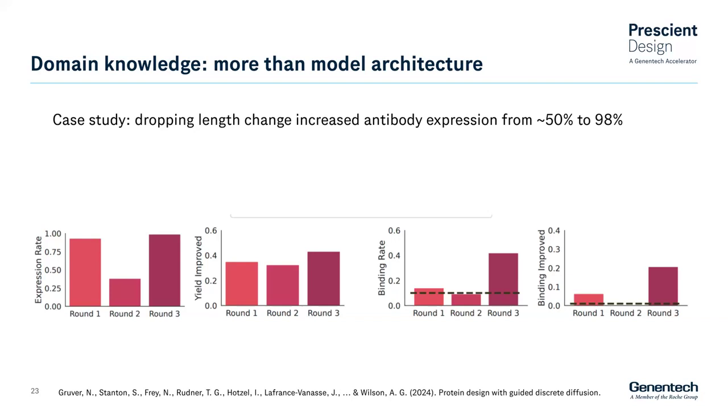And I talked to an antibody engineer, and he said, once the germline's fixed, B cells really don't change the length of an antibody when they are doing somatic hypermutation to mature affinity. And this was a shock to me because I had assumed that length change was just always something that you wanted to do when you were doing protein design. So I decided to just turn it off, which was a 1 or 2 line change in my sampling code, and my expression rate doubled. And the point is that the architecture didn't change. I didn't even retrain the model.